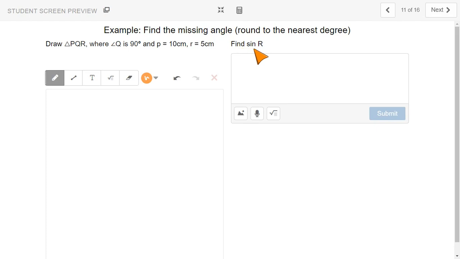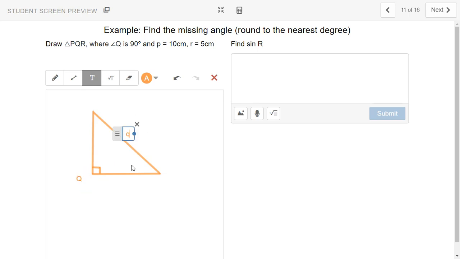Example, find sine R, and then we can find the missing angle if we want. Let's draw the diagram. Draw PQR where Q is 90 degrees, P is 10, and R is 5. Now we remember that capital letters represent the angle. So we have angle Q here.